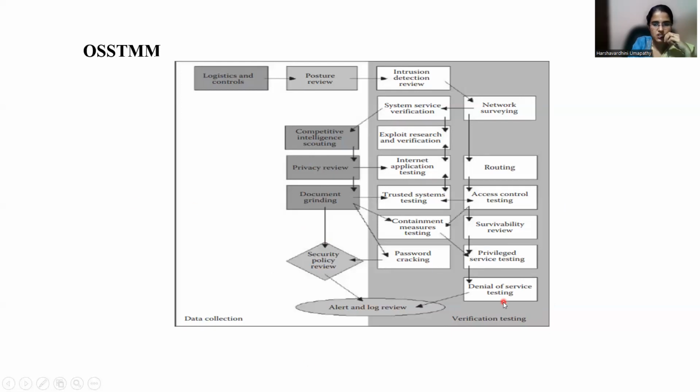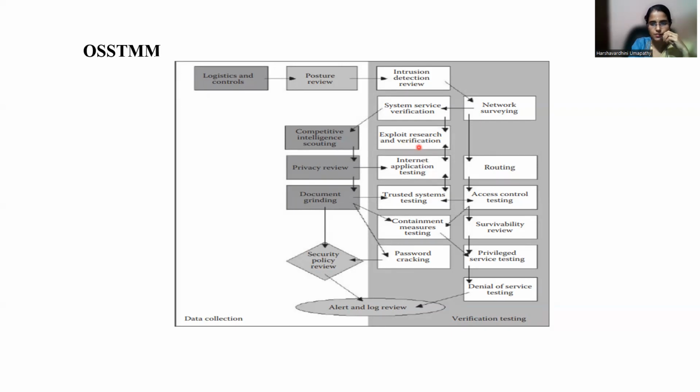In verification testing, we have to go through multiple verification schemes, which include intrusion detection and system service verification. After system service verification, the report is submitted to competitive intelligence scouting. And next is your exploit research and verification, and then internet application testing.